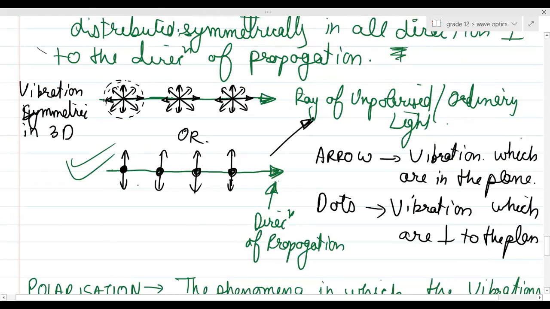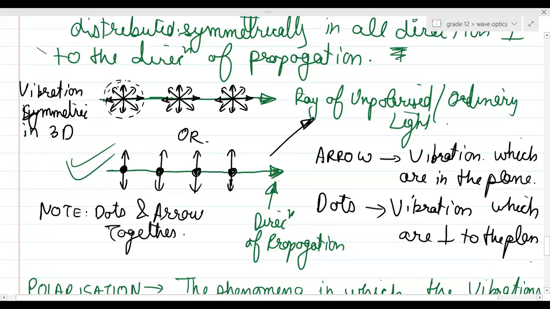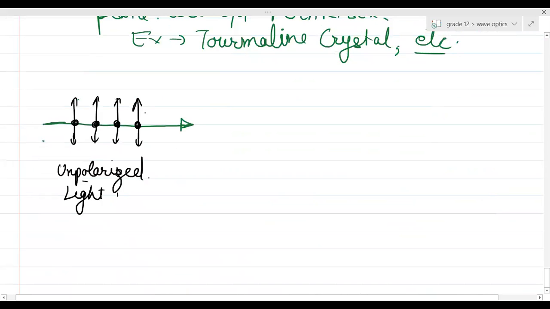This is the ordinary light, right? Unpolarized or ordinary light, dots and arrows together. It's just the other notation. So this is an unpolarized light, and now let's pass this unpolarized light through a polarizer.